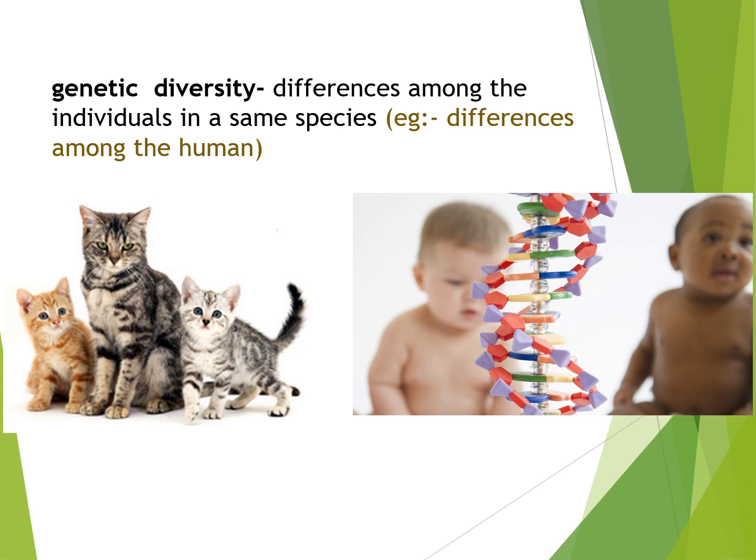Genetic diversity. The definition is differences among the individuals in the same species. Examples: differences among the humans, differences among cats. In the same species, individuals differ, maybe morphologically or physiologically.